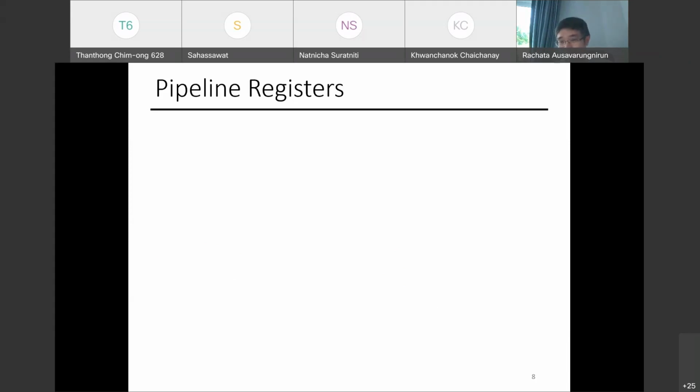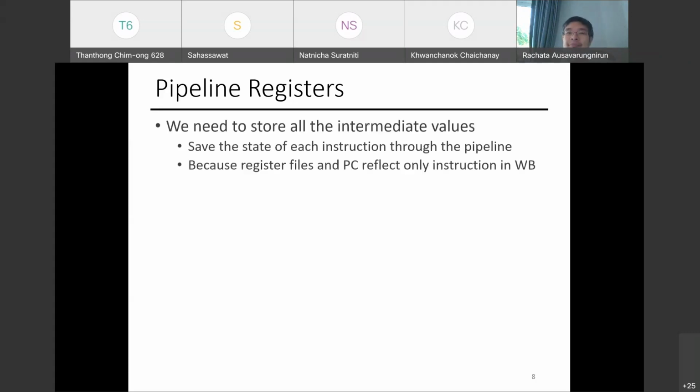So the pipeline register doesn't store real instruction data. Well, it does, but it is not visible to the programmer. I just put it there to make sure I can remember where I am in the pipeline, so I put in the right thing at the right time. So I can store multiple intermediate data. These intermediate values are saved when they go through each stage of the pipeline.